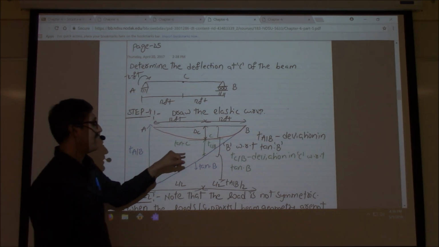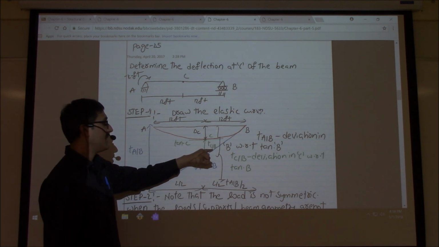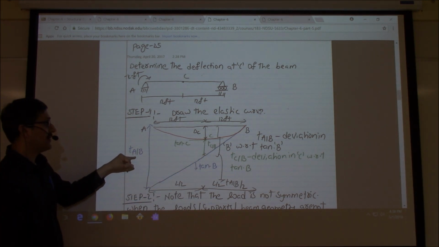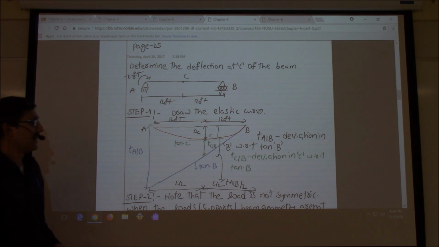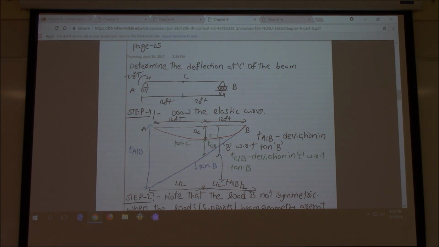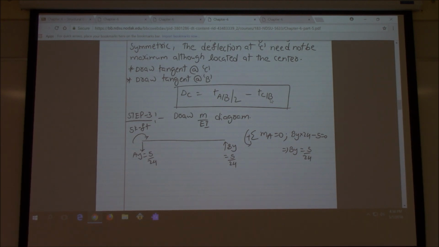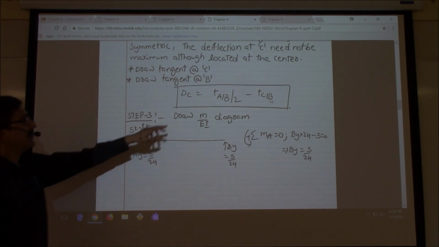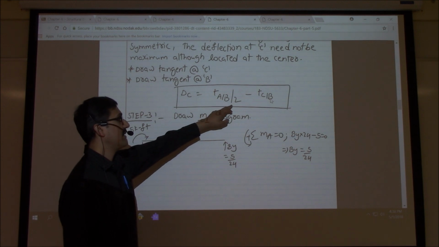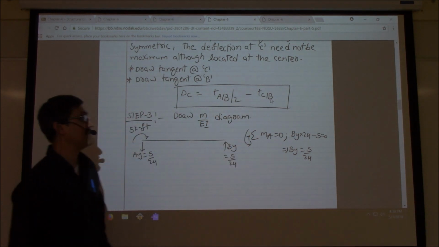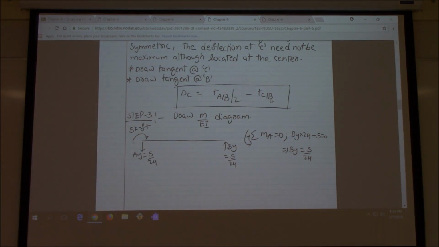So if we subtract TC by B from TA by B by 2, you will get delta C. That is what was done. You have to find out TA by B divided by 2 and subtract TC by B from that.